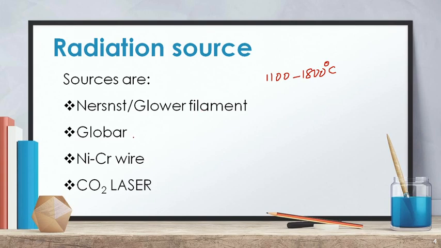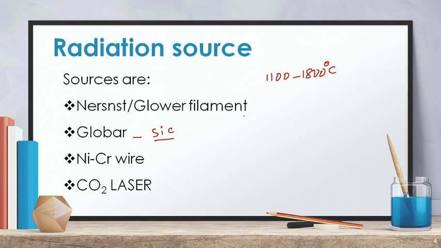Silicon carbide is simply known as Globar. It is nothing but a simple ceramic rod. When it is heated electrically in the range of 1100 to 1800 degrees centigrade, then IR radiation is emitted. That IR radiation can be used for the purpose of the IR instrument.